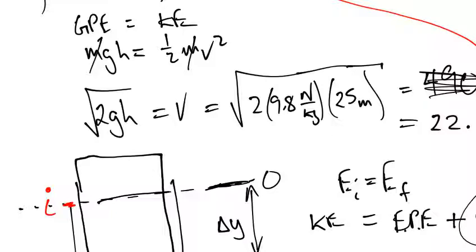So let's write out the equation. What does it look like? Well, our initial kinetic energy is 1/2 mv squared. Our elastic potential energy is 1/2 k. Now, instead of writing x here, I'm going to put delta y squared, plus gravitational potential energy.